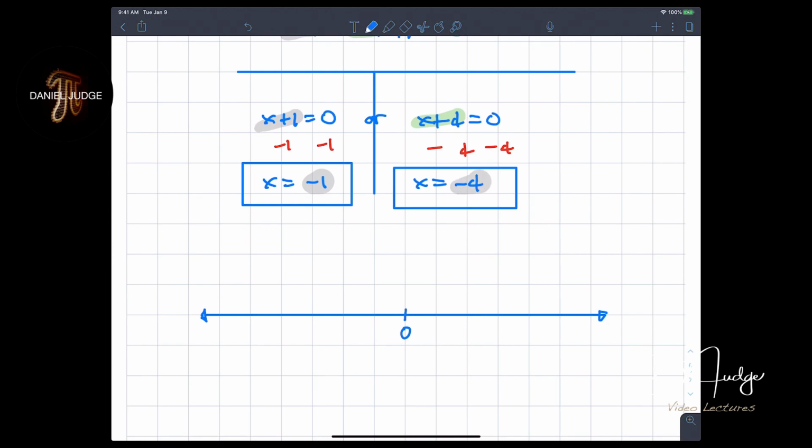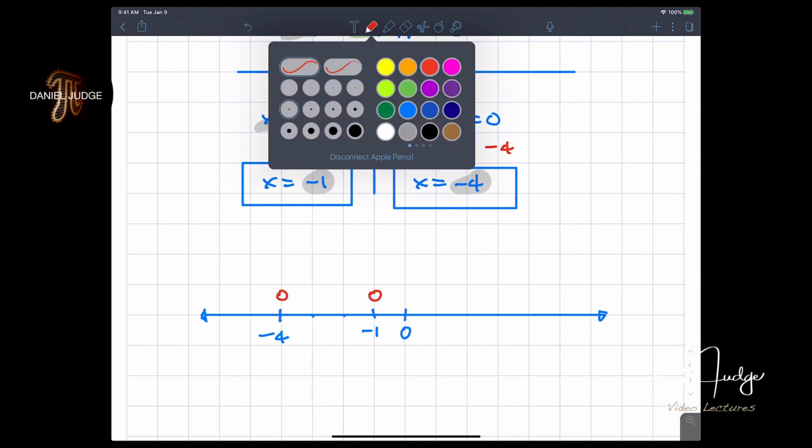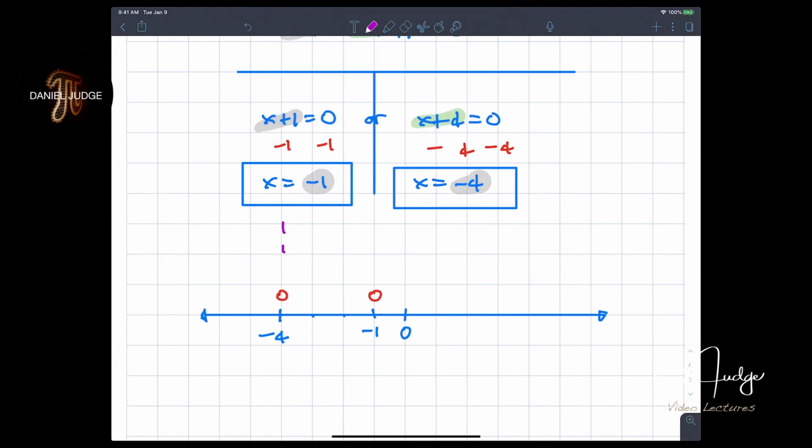So negative 1, negative 2, negative 3, negative 4 here. For these values of x, we get zeros. And this partitions the real number line into 3 regions. Region 1, region 2, region 3.